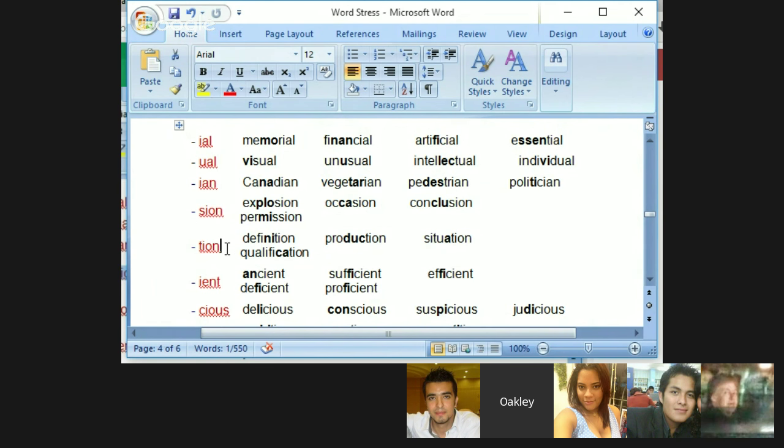Notice the pronunciation of the actual suffix itself: explosion, occasion, conclusion, permission. Sometimes it's a j sound and sometimes it's an sh: definition, production, situation, qualification. They're very similar pronunciations. Just saying.